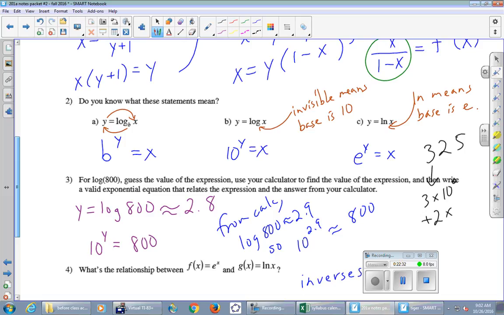Plus 2 times 10 to the first plus 5 times 10 to the 0. That's 5 ones, right? Okay, so that's what base 10 is. It's all about powers of 10. So here, ln of x is about a power of e, right? Okay, so I think that is good.